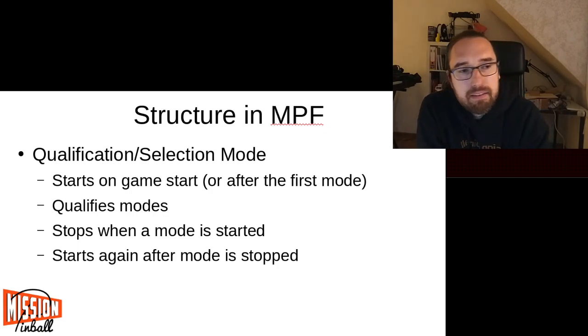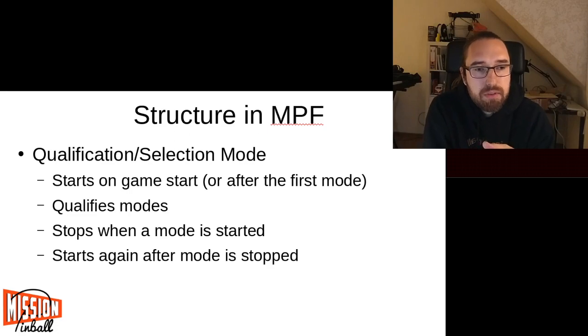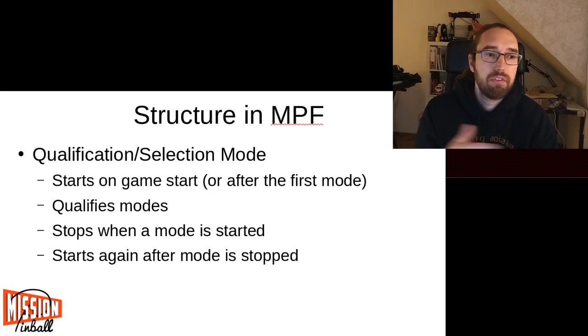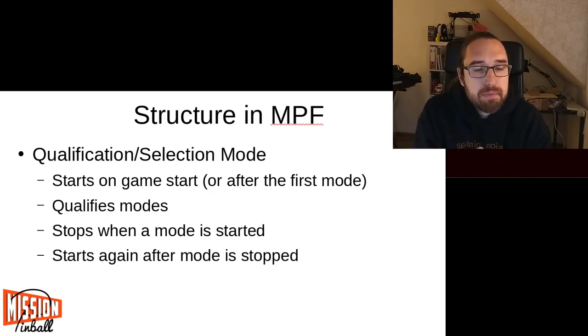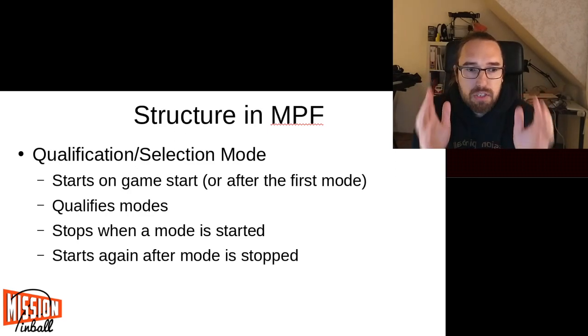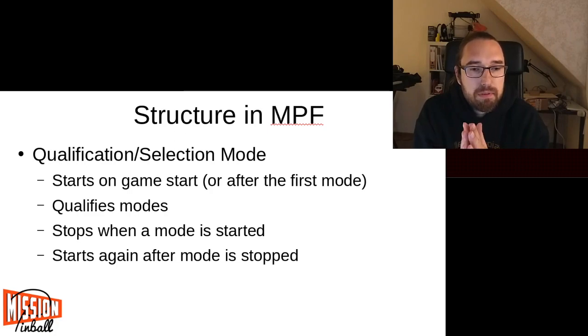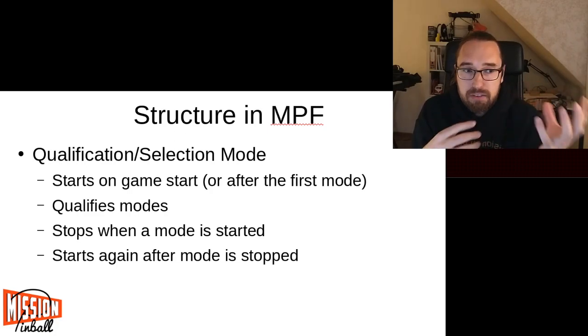You start this mode, and it has certain counters for qualification of your scoop or certain ramps or whatever, some shots. And once you qualified, there's usually some shot you have to make to start it, either your mission hole or just the ramp which was used for qualification. And when that happens, this mode stops. So it's stopped, and the game mode actually starts.